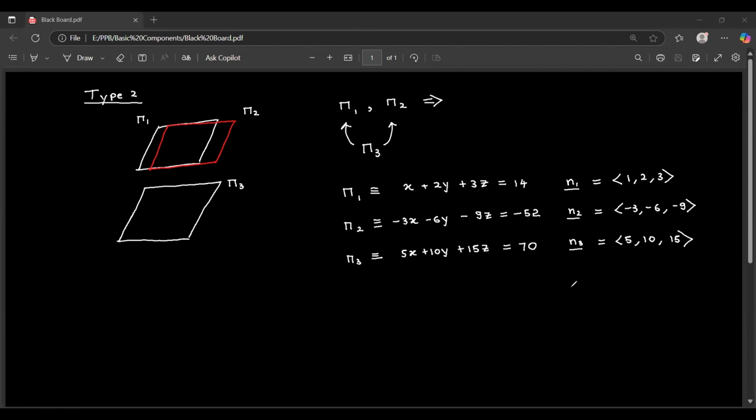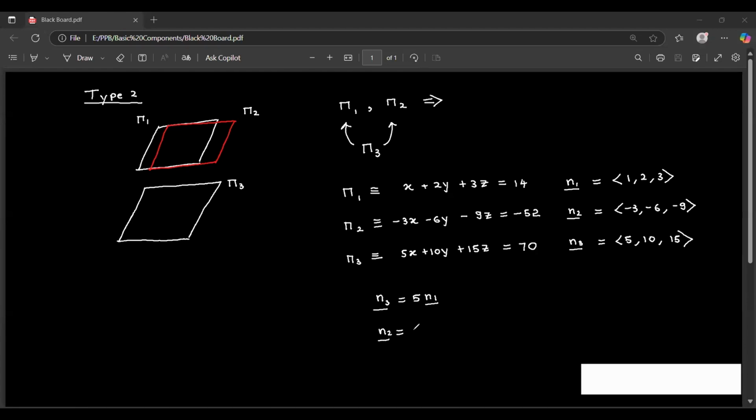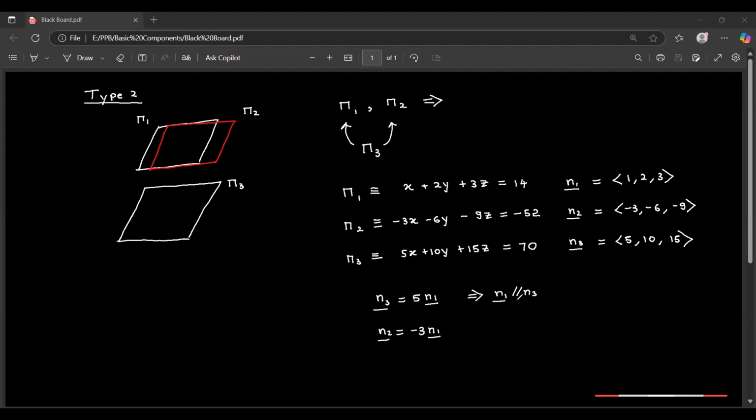And clearly we can see N3 is equal to 5N1, sorry, not 3N1, 5N1. I'm really sorry about that. And N2 is equal to minus 3N1. This is obvious, right? You can clearly see that. So this implies N1 and N3 are parallel to each other.